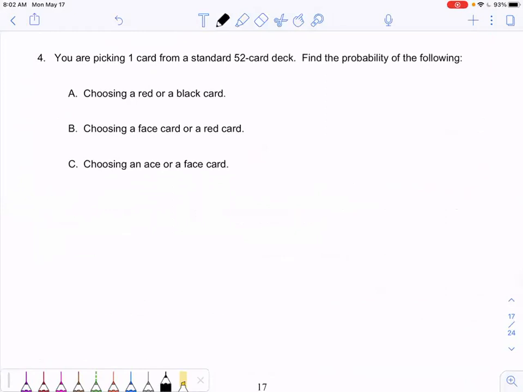Cards and probability, lots of different examples with cards. You're picking one card from a standard deck of 52. Find the probability that you get a red or a black card. Grace, how many red cards are there in a deck of 52? Yeah, how many black cards are there?